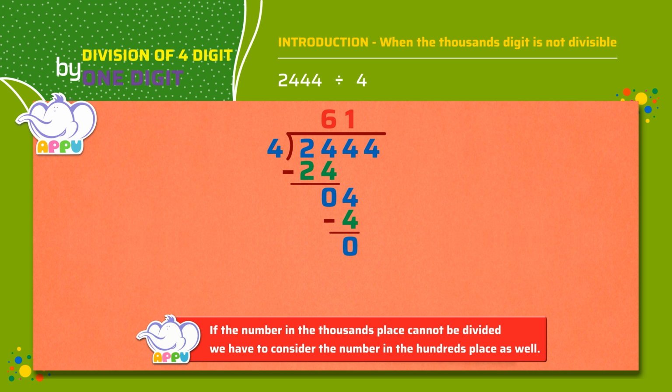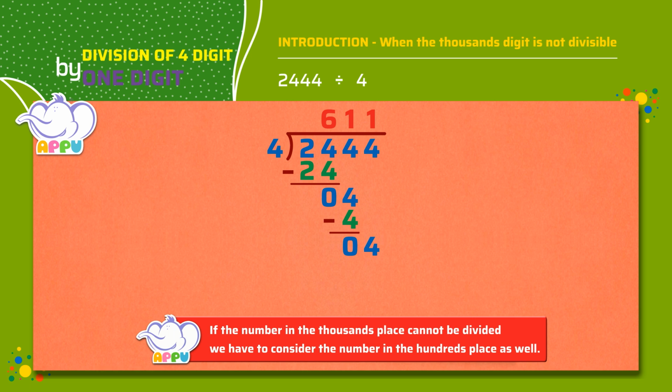Next, we bring down the number in the ones place, which is 4. So the number now is 4. We repeat the steps. We divide again. We figure out how many 4's it takes to make 4, which is 1.